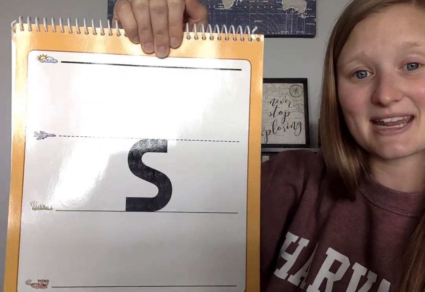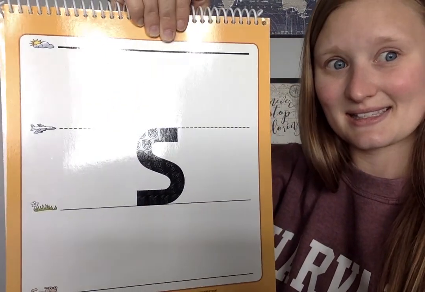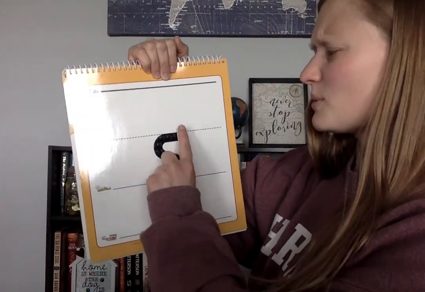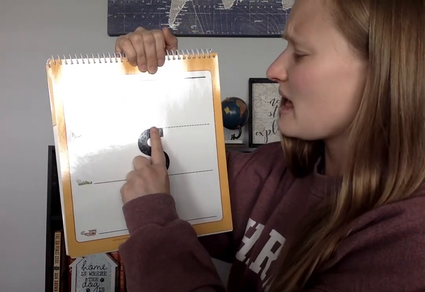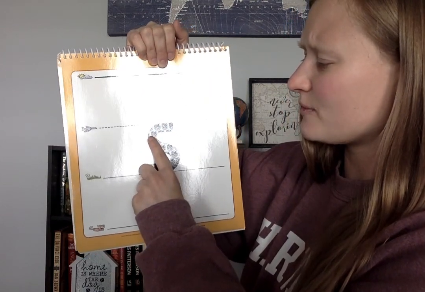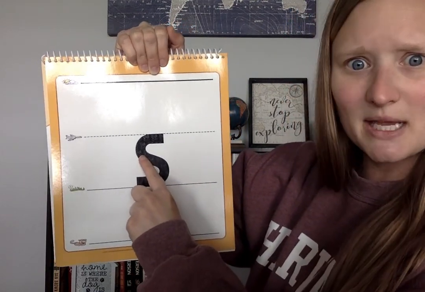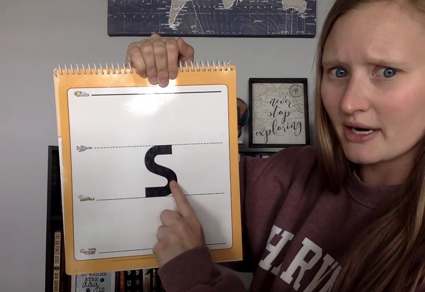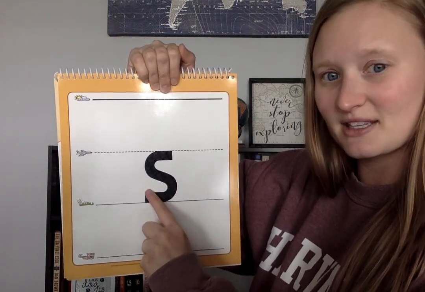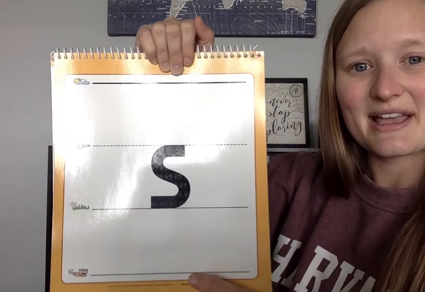S, snake. Let's try that again. You point to the plain line. You fly back and curve around. In the middle, you fly forward and curve around back to the grass line. S, snake.